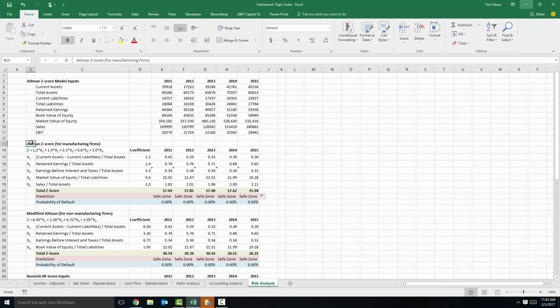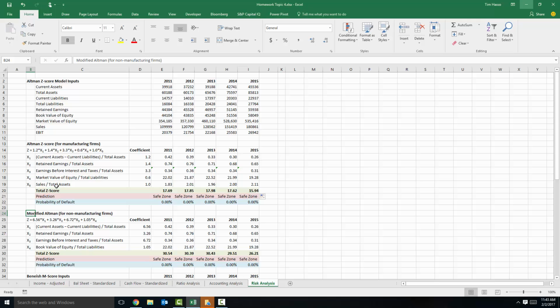Now, if you don't have a manufacturing firm, you want to use the modified Altman model, which starts down here. Effectively, it's exactly the same ratios, except it drops the fifth one, because the fifth one is sales divided by total assets, and that ratio varies very much depending on the industry, so you can't necessarily use the same ratio as for manufacturing firms.